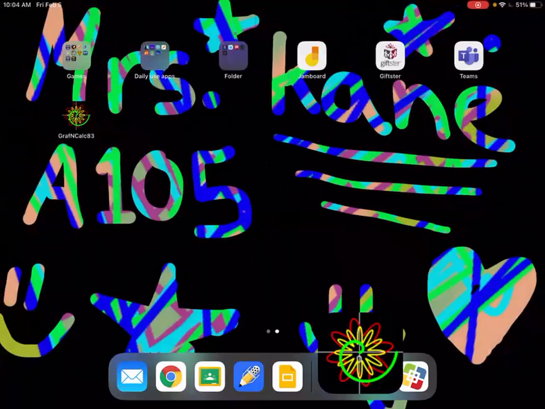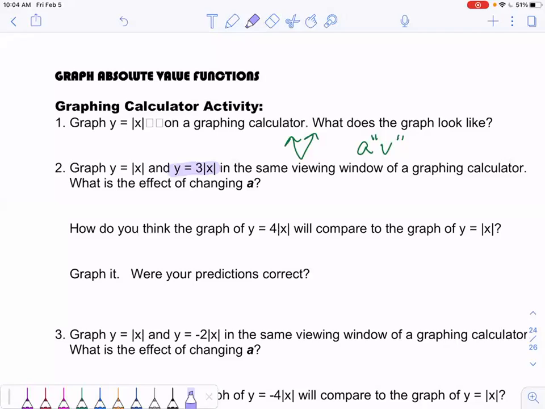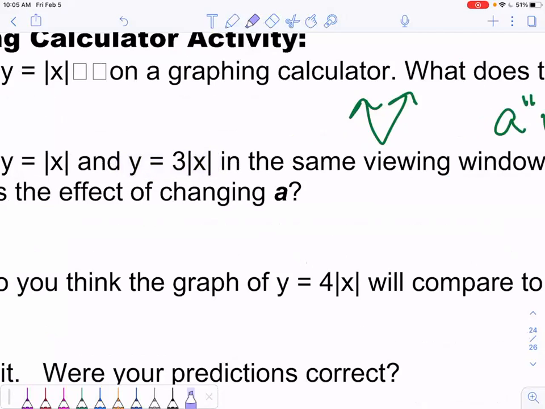So the question says, what happens when you change the A value? Well, the A value is that 3 that we placed in front of it. So the first equation didn't have a 3, and this equation now has the 3 in front.